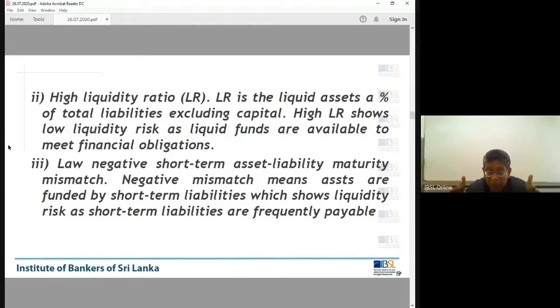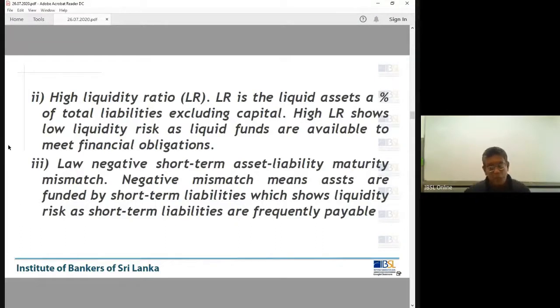Suppose the negative short-term asset-liability mismatch is low, the gap between them is narrow, that means you are managing your liquidity risk very well. If there is a positive mismatch, the larger the gap, you are facing high risk.